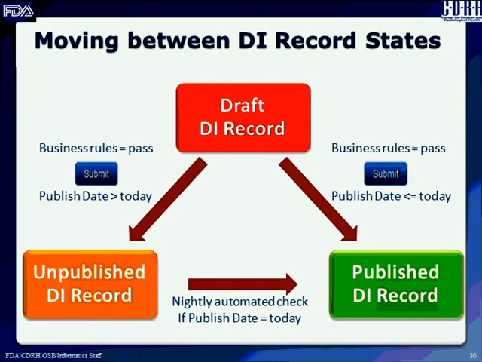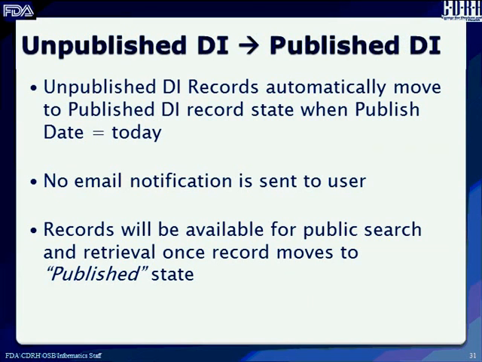So again, to reiterate, they automatically move from unpublished to published state, but no email notification is sent to the user. So if you submitted a web record and you put in tomorrow as the unpublished date and you submitted it as an unpublished record, tomorrow night when our batch job runs, it will move that record from unpublished state to published state, but you will not get an email letting you know that that happened.